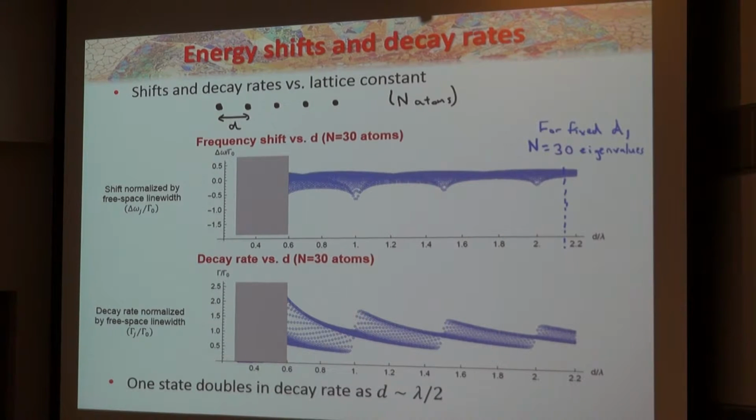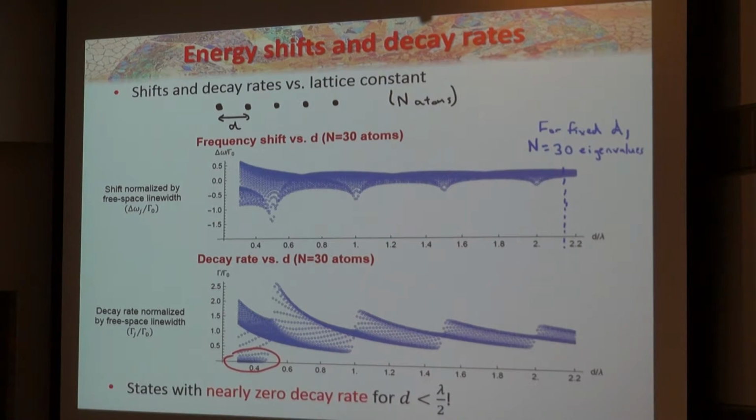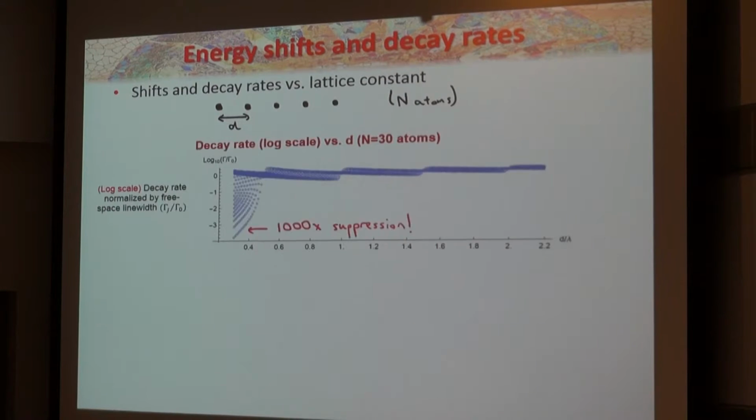You can get closer to lambda over 2, and then just before lambda over 2, the floor falls out from beneath you. You have states where the decay rate really goes to almost 0. These are subradiant states. There's one excitation shared among these atoms, but it takes them forever to decay out into free space.